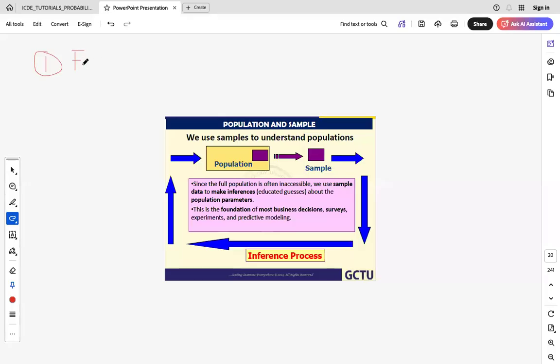Frequency first, followed by second, relative frequency, then the third one is percent frequency, the fourth one is cumulative frequency.